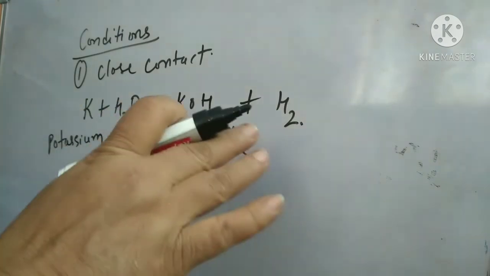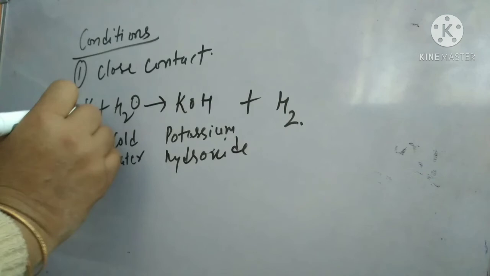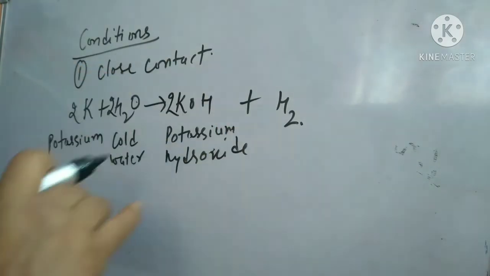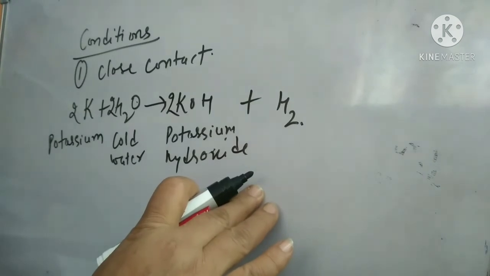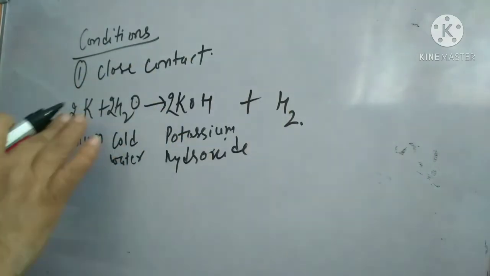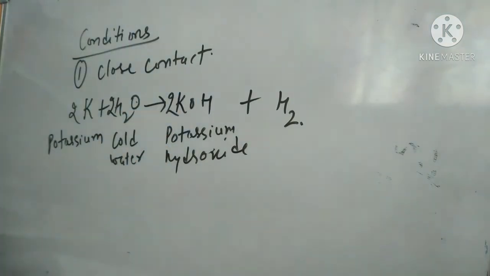So here we have to balance the equation also. So we will be balancing the equation and getting the products. So how are we getting these products? When these reactants are kept in close contact with each other.